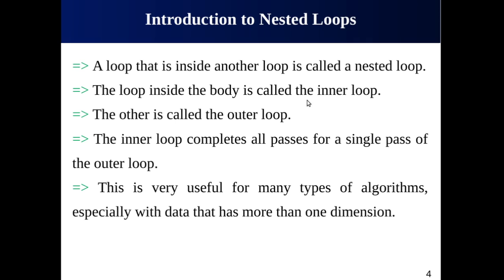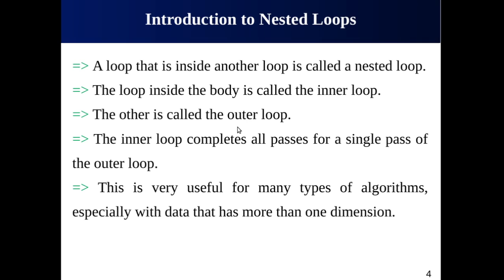The important thing to learn about nested loops is how they actually execute. It is important to remember that for any single value of the outer loop, the inner loop will complete all its passes, or you can say it will execute completely for each and every value of the outer loop.